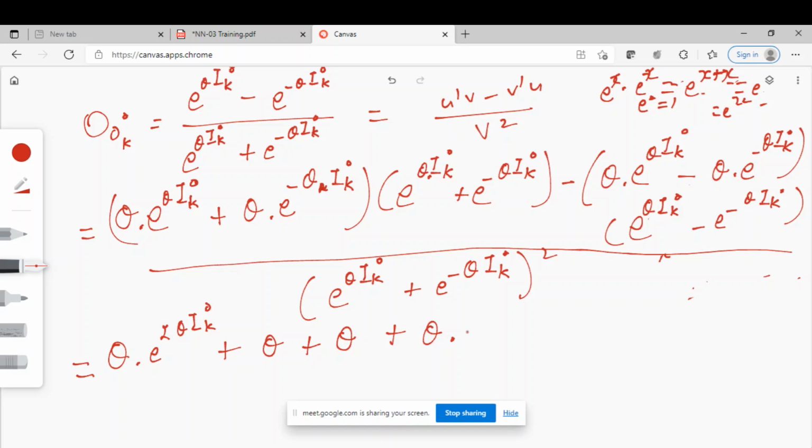Similarly, when you multiply this with this, what will you get? Minus theta, that becomes 0, that becomes 1. And when you multiply this and this, what will you get? Again minus theta.